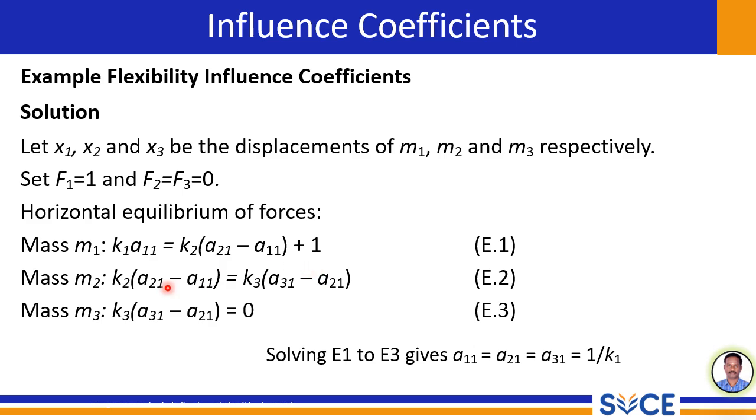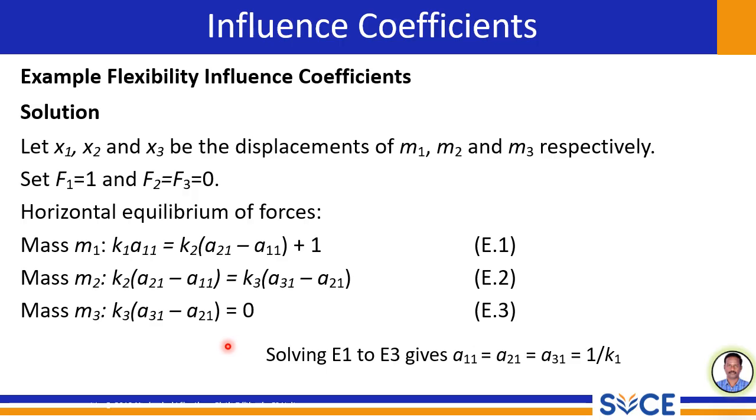Similarly, for mass m2, the force from spring K2 to the left must be balanced by the force from spring K3 to the right. Similarly, for mass 3, there is no force applied directly to it. Therefore, the force from spring K3 to the left must be 0.